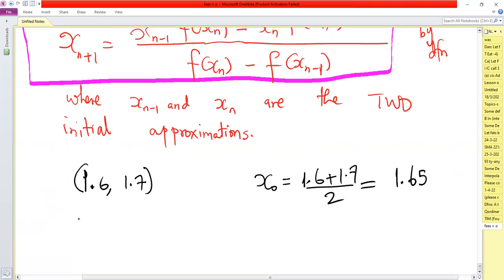Now, remember the value of the function at 1.6, we calculated and found the answer to be negative 0.144. So this is a negative value.